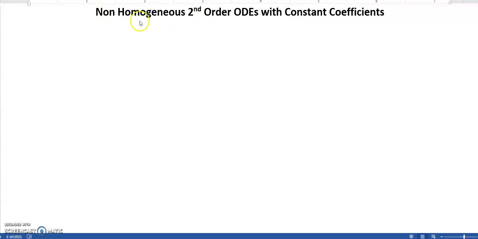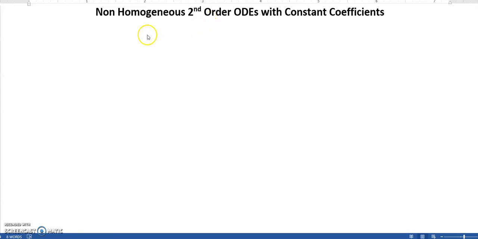Okay, so now I'm going to talk about the non-homogeneous second order ordinary differential equations with constant coefficients. Previously we have already done the discussion about the homogeneous second order ordinary differential equations.